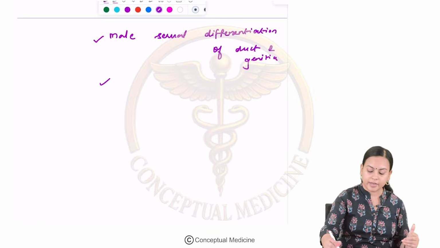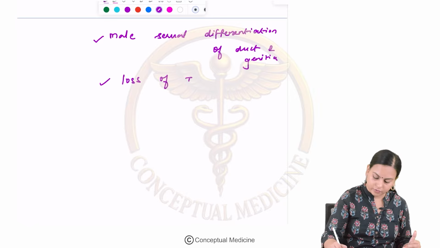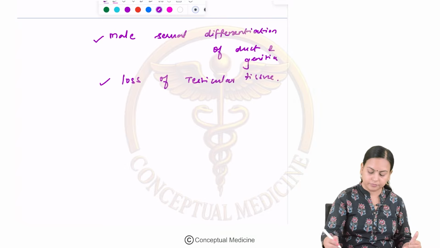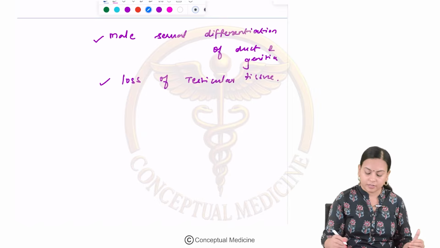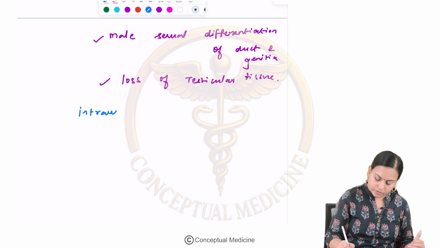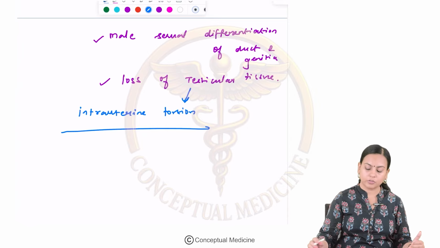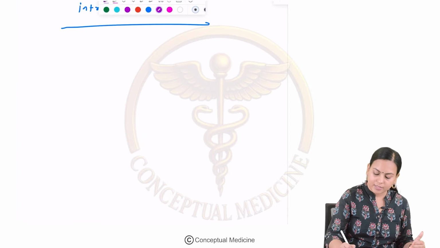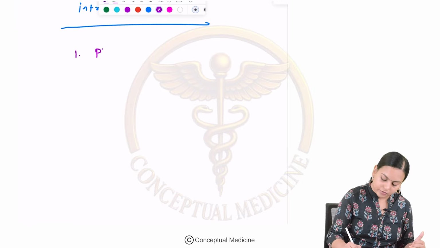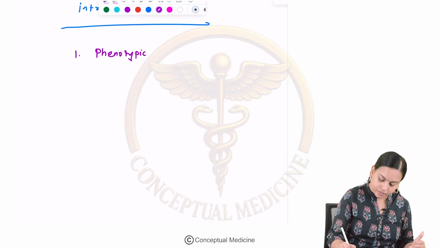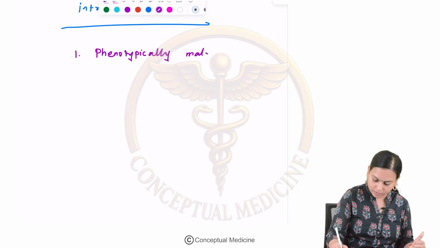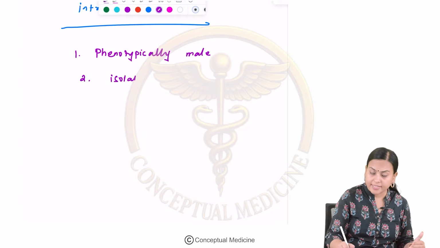After this there is loss of testicular tissue. It can occur due to intrauterine torsion of the testis. The loss of testicular tissue can occur due to torsion. If you see these people, they are phenotypically males who have an isolated micropenis.